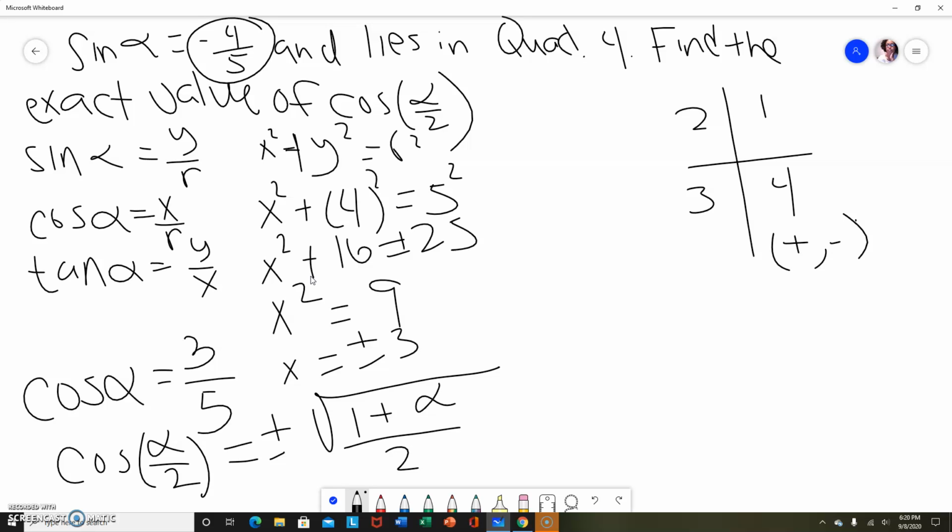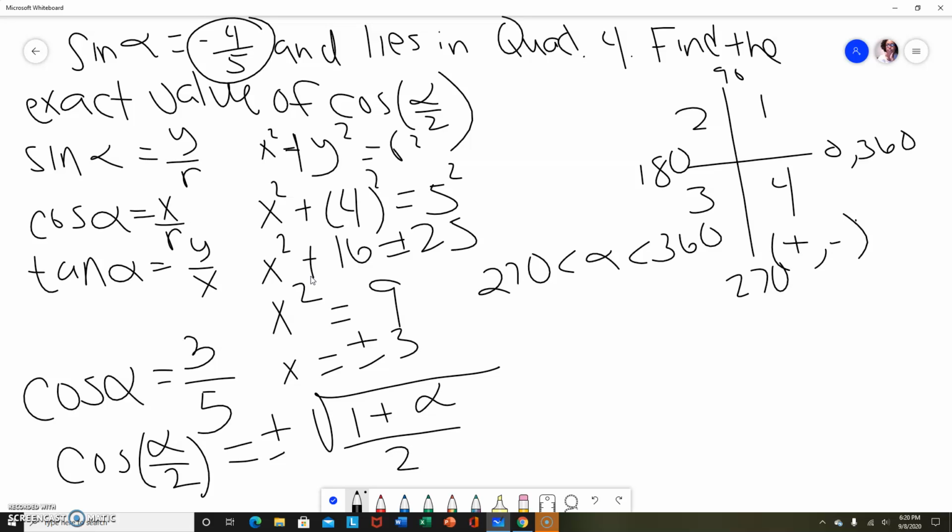So again, we know that it's in quadrant 4, and so just to remind ourselves where the quadrants are, we have from 0 to 90, from 90 to 180, from 180 to 270, and from 270 to 360. So quadrant 4 is between 270 and 360.